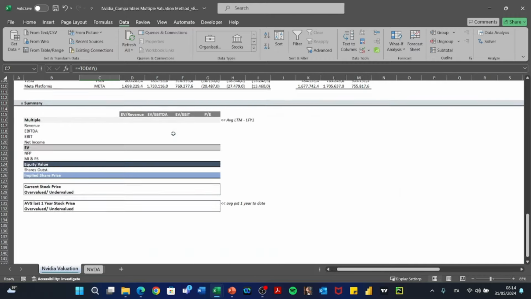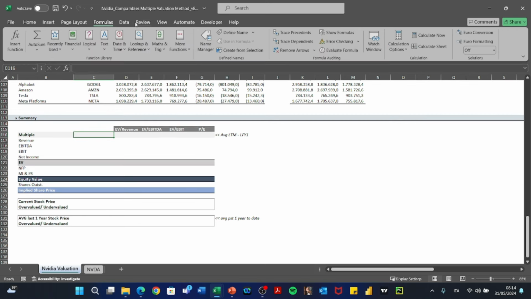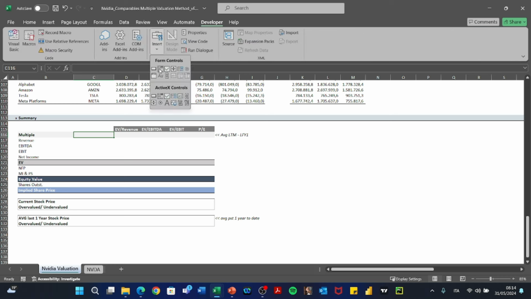So let's go now to the summary and let's calculate the value of Nvidia from the multiples that we have collected from our comparables. In this case, I just want to make, as always, the model more dynamic. So I'm just going to add this form control.